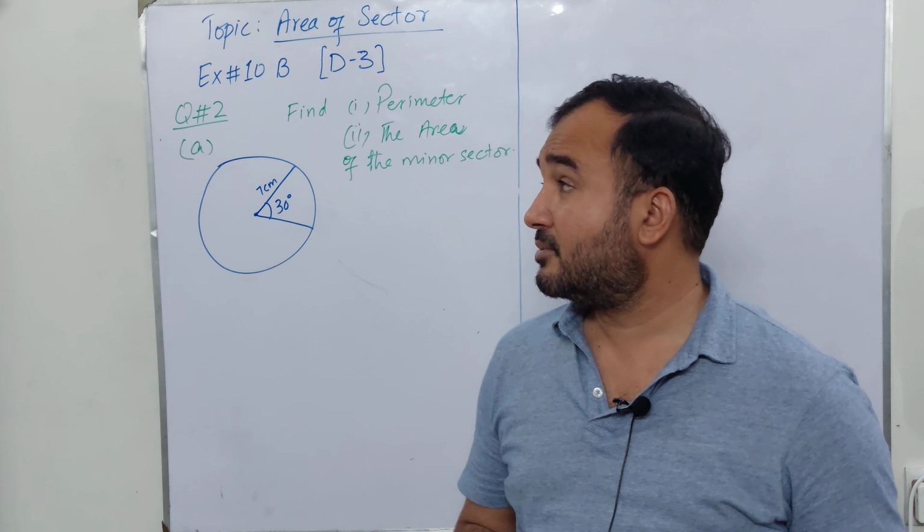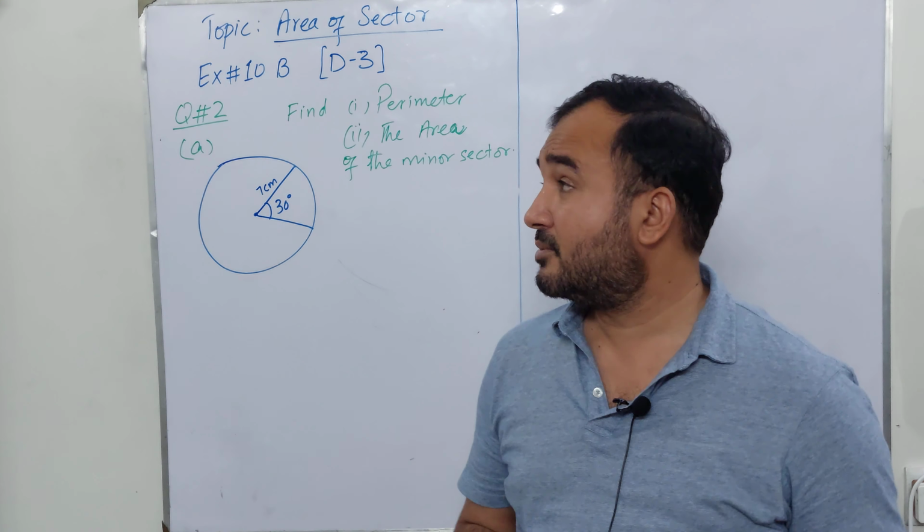This 30 can be cancelled and we get 12. So 1 by 12, 22 by 7, and it's 7 and 7, right? This 7 can be cancelled with this 7. And this 11, and this one is 6, so it's 77 divided by 6.